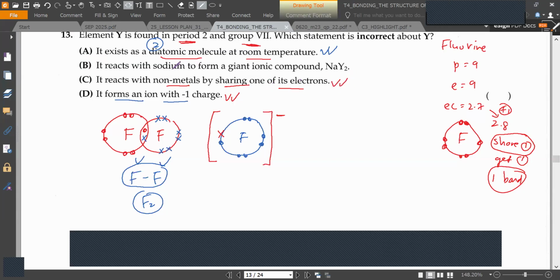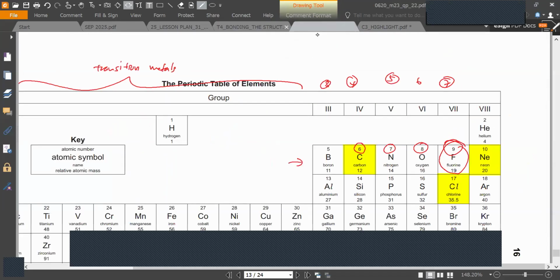React with sodium to form giant ionic compound NaY2. Okay, NaY2. So let's see. Sodium. Let's check.